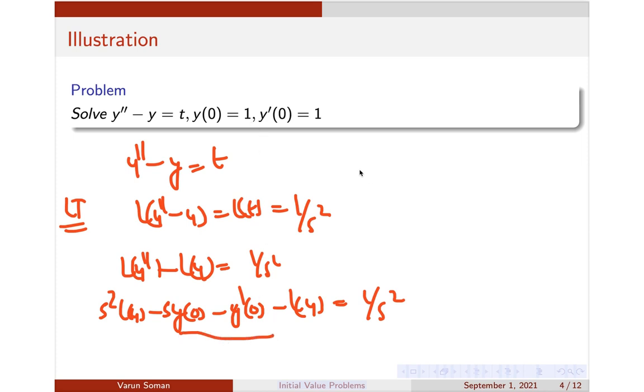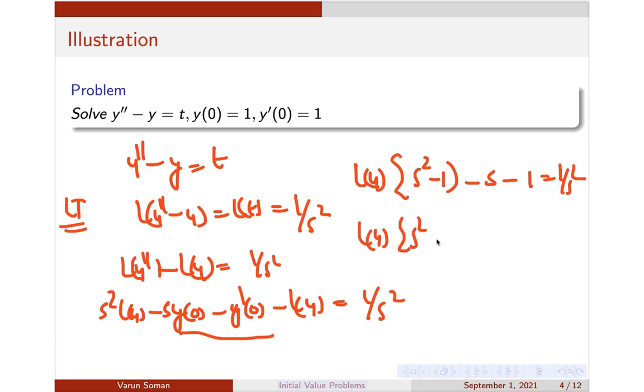So I will get here, if I combine the L of y terms, L of y into s square minus 1, minus s into y of 0, which is 1, minus y dash of 0, which is again 1, is equal to 1 by s square. Or L of y into s square minus 1 is equal to s plus 1 plus 1 by s square.